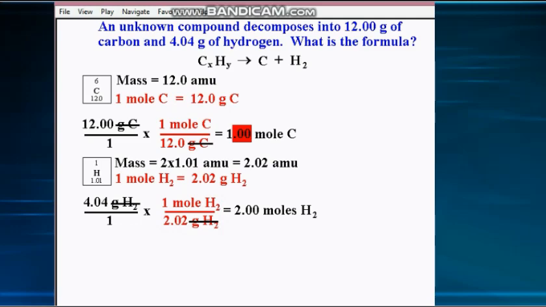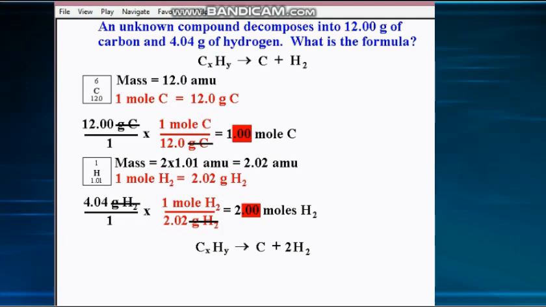In the same way, 2.00 wouldn't make sense in a chemical equation, so I'm going to get rid of that .00 and just call it 2. So in the end, the chemical equation becomes CxHy decomposes into 1 C and 2 H2s. See where we got that? Because I produced 1 mole of C and 2 moles of H2.